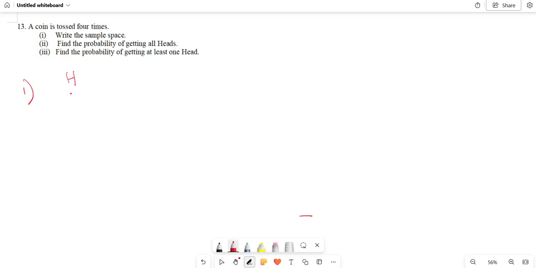Like this way: head, head, head, head, and then head, head, 1 2 3 4 5 6 7. Put another head here, head, 1 2 3 4 5 6 7 8. Then put tails, that is also 8 times, 1 2 3 4 5 6 7 and 8.